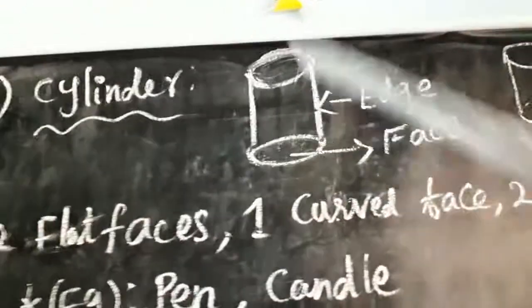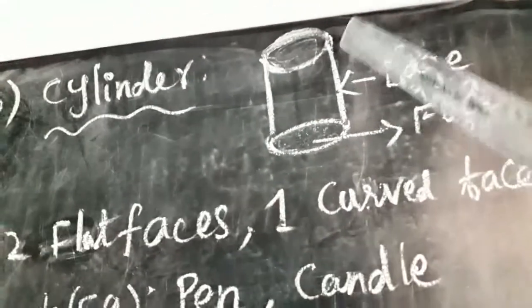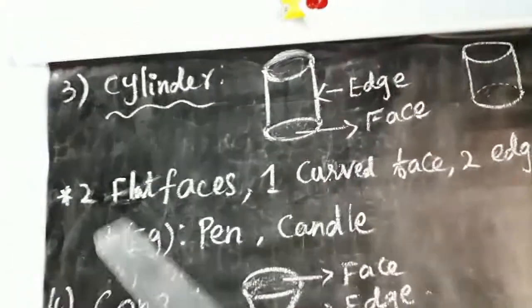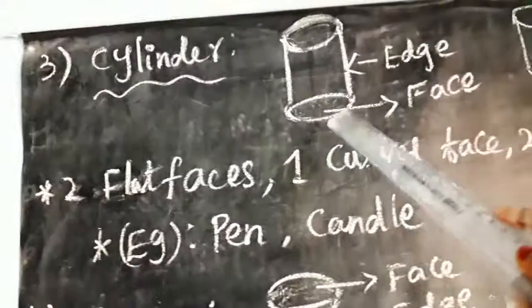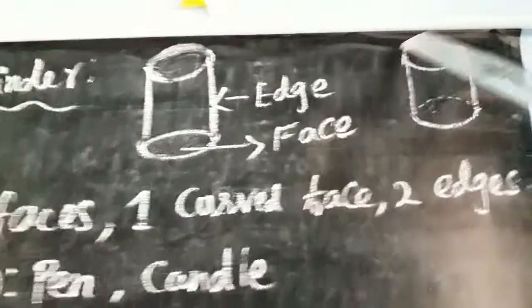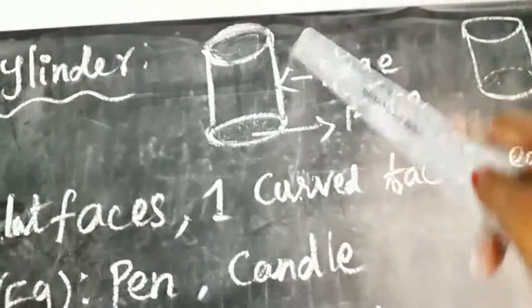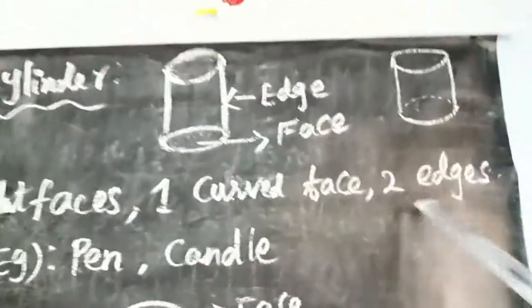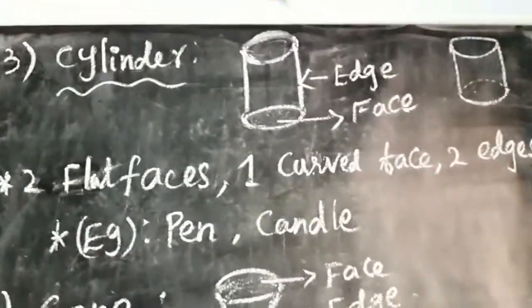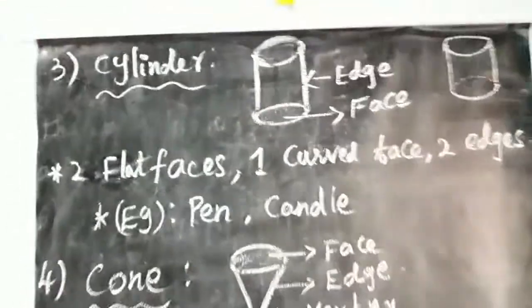Here, how many faces? 2 flat faces and only one curved face. Then edges: 2 edges. For example, pen, candle, glass, remote battery, chalk are examples of cylinders.